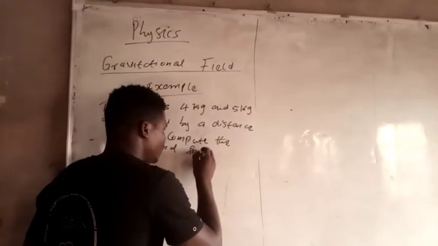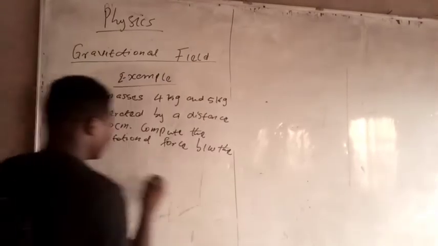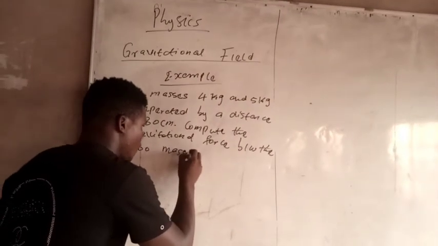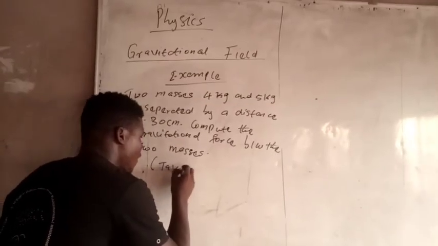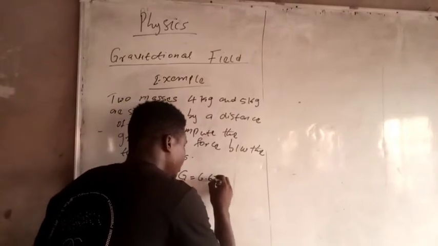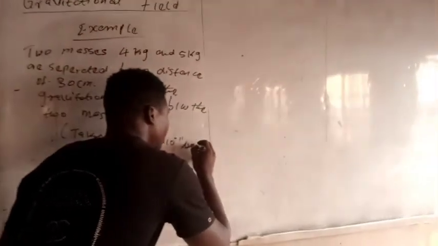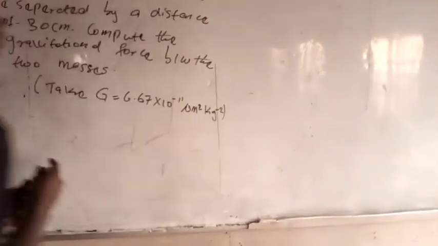Compute the gravitational force between the two masses. In bracket, take G equal to 6.67 times 10 raised to the power minus 11 Newton meter square per kilogram squared.